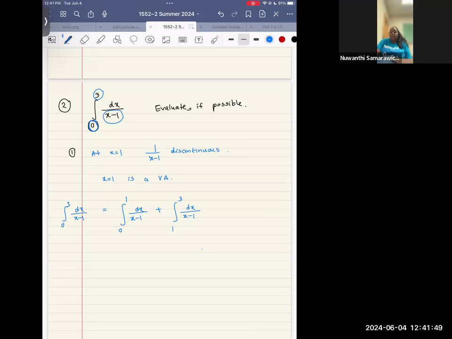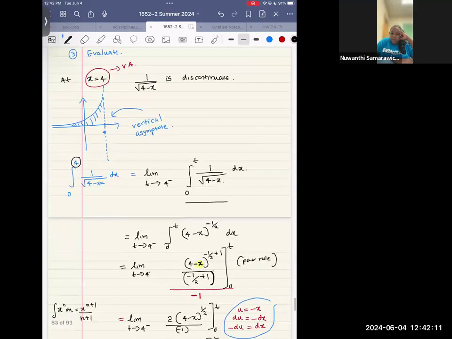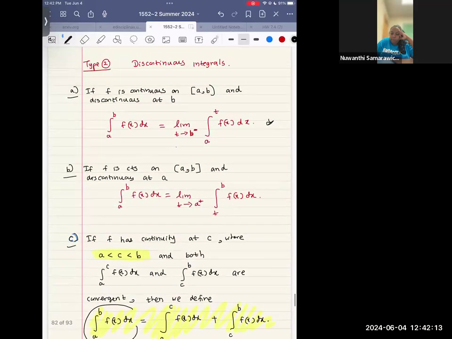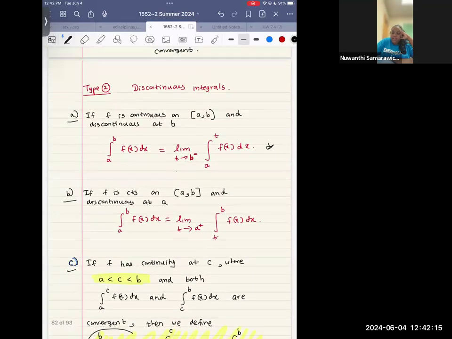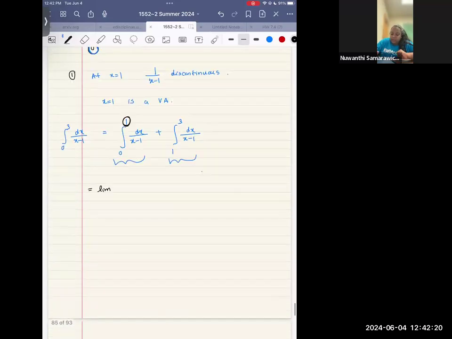Now for these two, again we have to use definition A or B. Because x equal to 1 is the endpoint, here it is A, right? So we are going to use definition A.